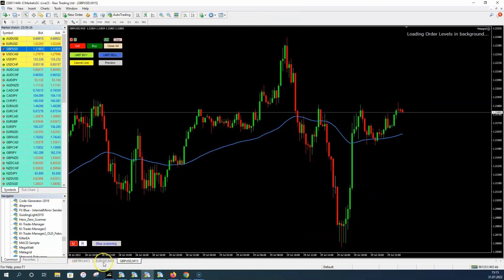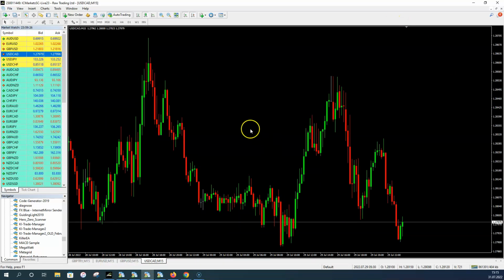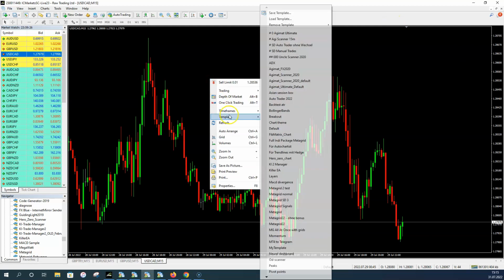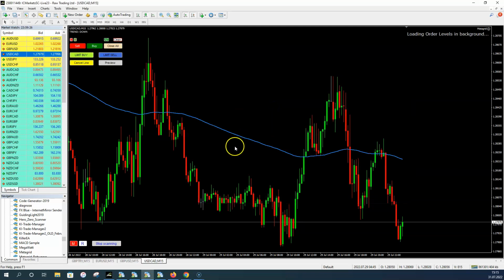We have now 3 charts with the Auto Trader on it, and we do it one more time. We need 4 charts. It's again a blank chart. We make template, load template, and again our saved template. And now we have the Auto Trader on 4 different charts, and on all charts the EA will switch through the pairs. It will scan the pairs, it will scan the structure.